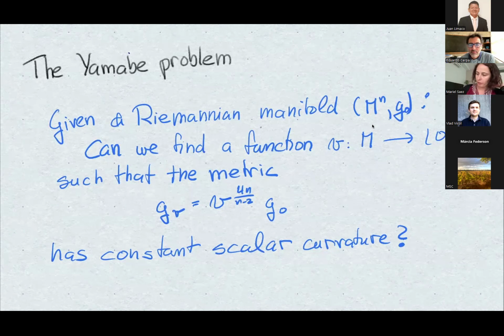This is a question in geometry, but has an analytic counterpart. And let's see if now this moves. I think it's not moving again. I'm not sure why. Okay, it doesn't work somehow. Let me try to share. Let me try to do this from the iPad. I think it's going to work better, it seems. Hold on.